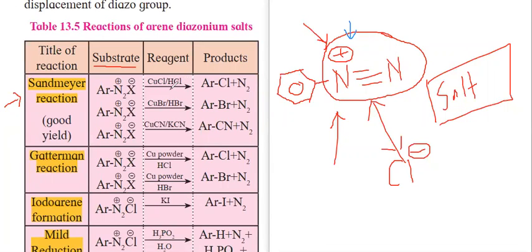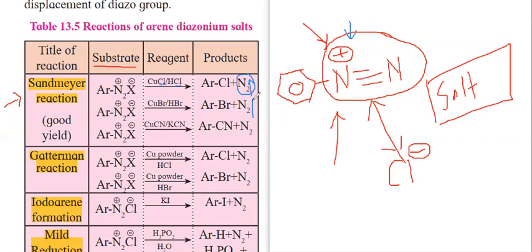Now see carefully. If we use copper chloride with HCl, the important part is Cl minus, which is a nucleophile, and as it is a nucleophile it shows a nucleophilic substitution reaction. The Cl will displace the nitrogen group, and that N2 diazonium group will leave in the form of nitrogen gas.